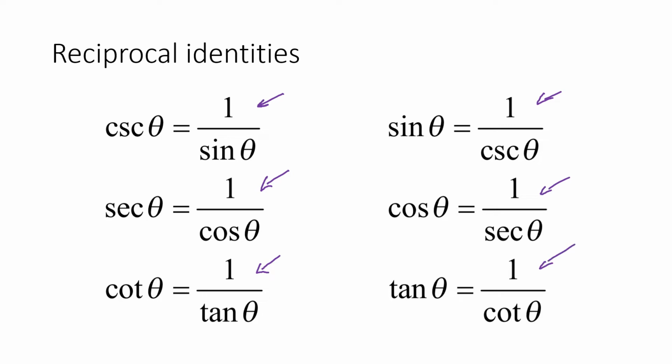So in other words, if I had, for example, 1 over cosine theta as an answer, then I could just say that 1 over cosine theta is one of these reciprocal identities. And here's how it's expressed here, that 1 over cosine is the same as the secant. So we can just replace it with the secant.